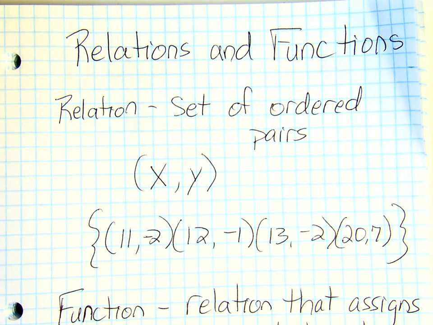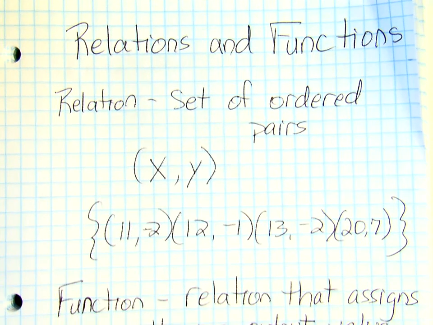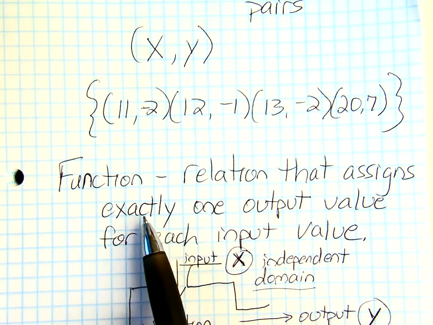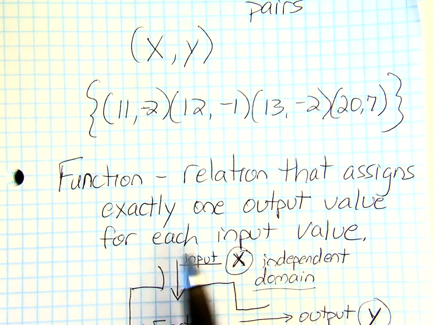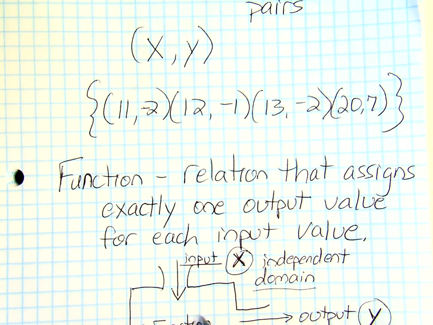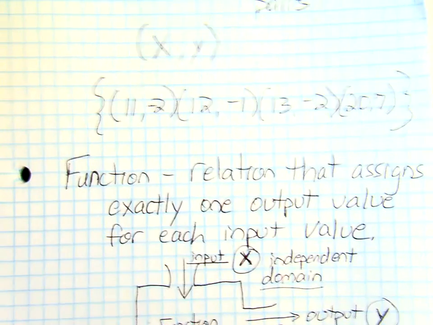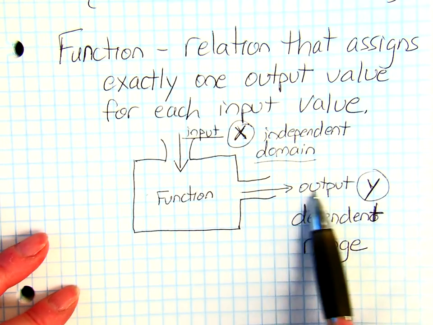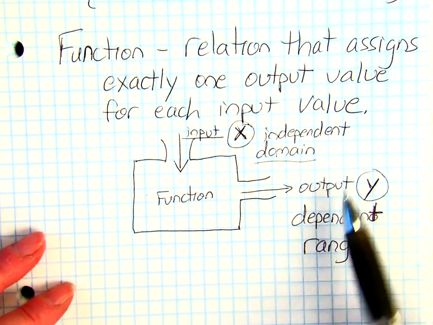What we're really going to look at today are functions. Functions are relations that assign exactly one output value for each input value. So we go to our function machine here, if you will. We have input that goes into the function machine, and then we have output that comes out.